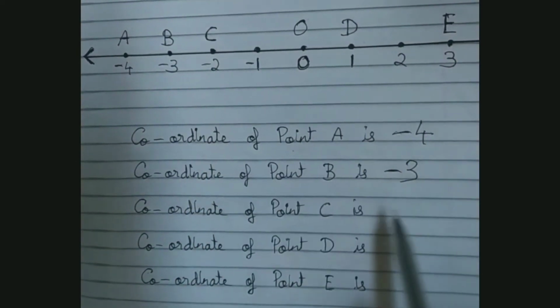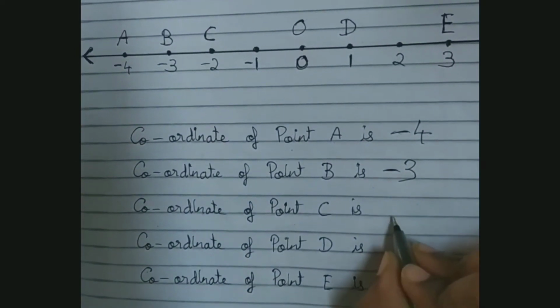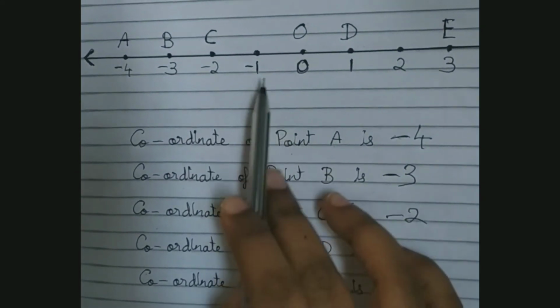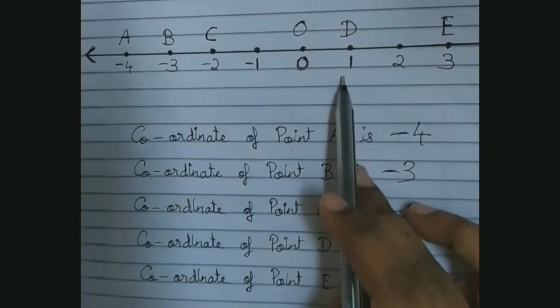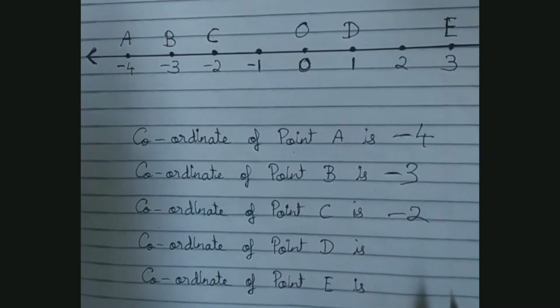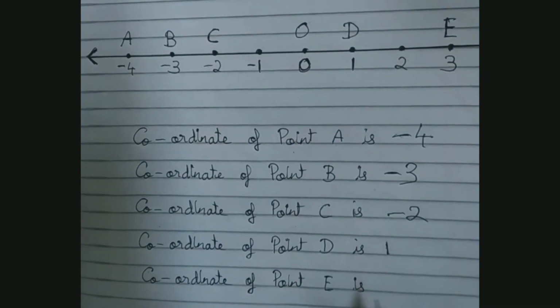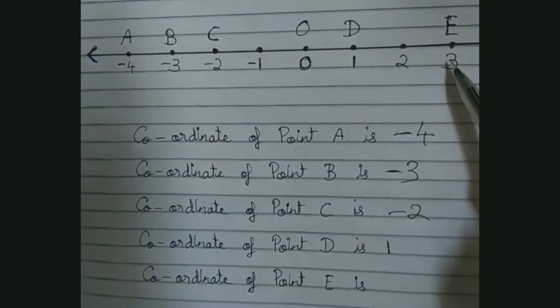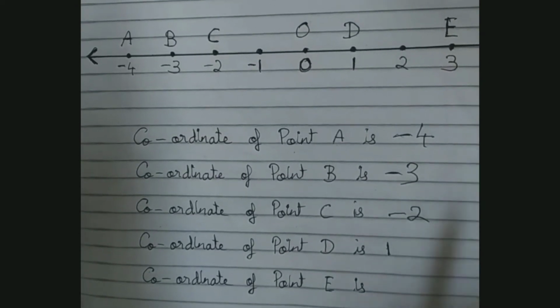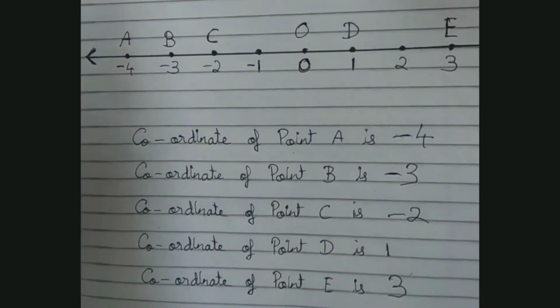Minus 2. So coordinate of point C is minus 2. Coordinate of point D. D is denoting number 1. So coordinate of point D is 1. Coordinate of point E, 3, right? The coordinate of point E is 3. So this is how we find coordinate of a point from number line.